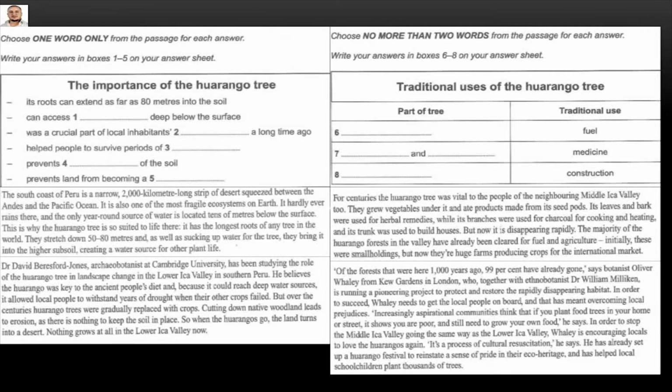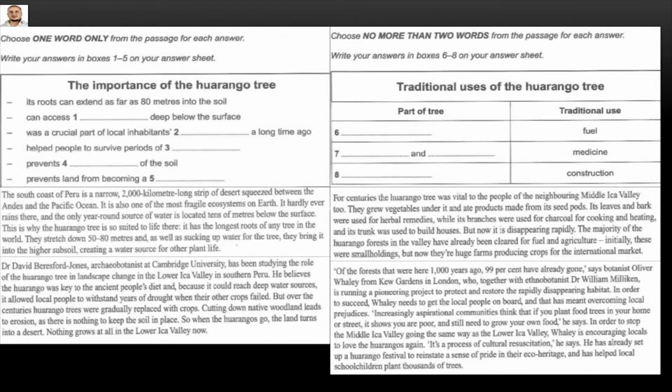So, it was a crucial part of local inhabitants' diet a long time ago. So number 2 will be diet, and number 3 helped people to survive periods of drought. Why? Because he says in line number 2, the last 2 words, he believes the Harango was key to the ancient people's.